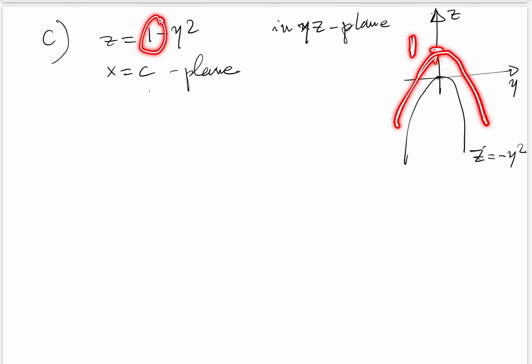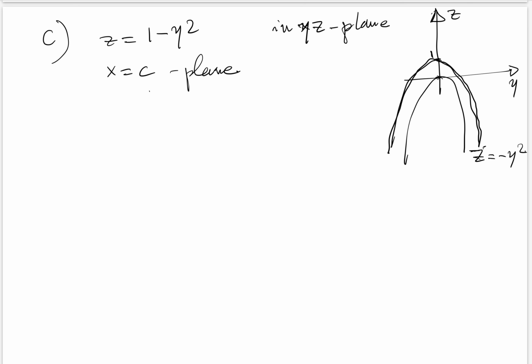And you have that shape. Got it? Okay. So the graph will go up to 1. It will look like this. That's z is equal to 1 minus y squared. That's how the graph looks.